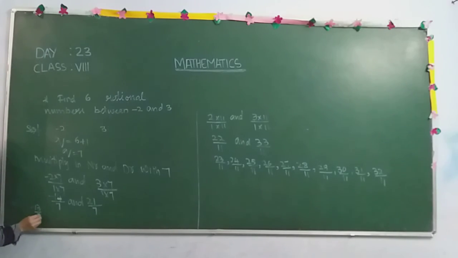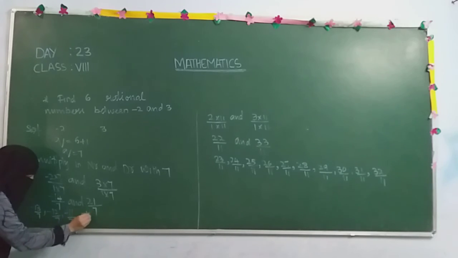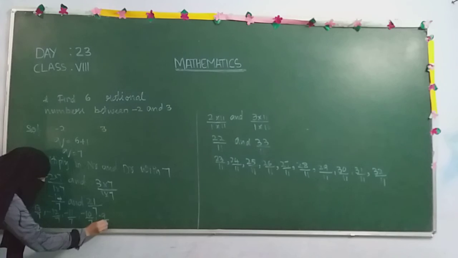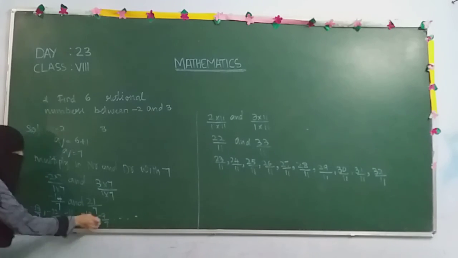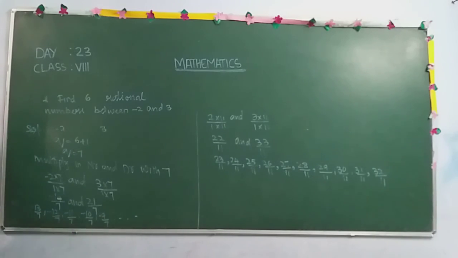Minus 13 by 7, minus 12 upon 7, minus 11 upon 7, minus 10 upon 7, minus 9 upon 7, and so on: minus 8, minus 7, minus 6, minus 5, minus 4, minus 3, minus 2, minus 1, 0.